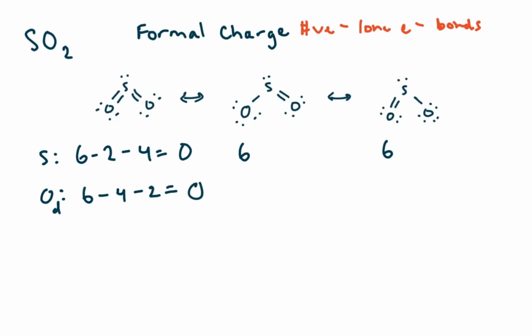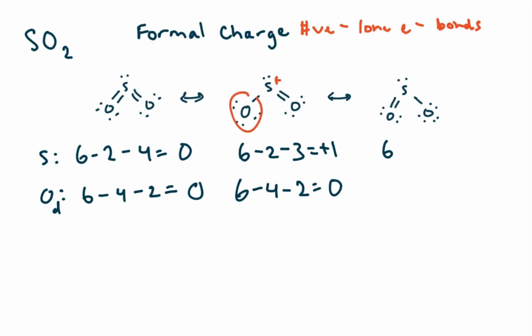For the second structure, we have 6 minus the 2 lone electrons minus 3 bonds this time, which equals positive 1, and that means that this sulfur has a formal charge of plus 1. This structure also has 1 double bonded O, but it's not both of them, so we also need to do both of the O's separately. So let's do the double bonded O first. So 6 minus 4 lone electrons minus 2 bonds equals 0.